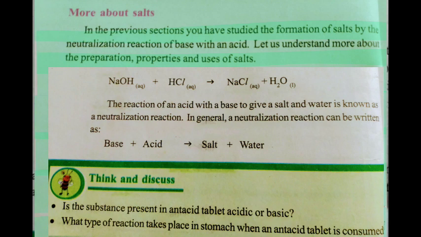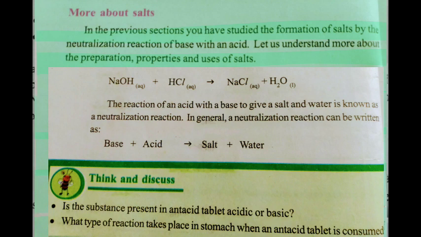You can test it with red litmus and blue litmus. It will not change the color of red litmus or blue litmus, so we can understand that it is a neutral one. But are all salts neutral or not?